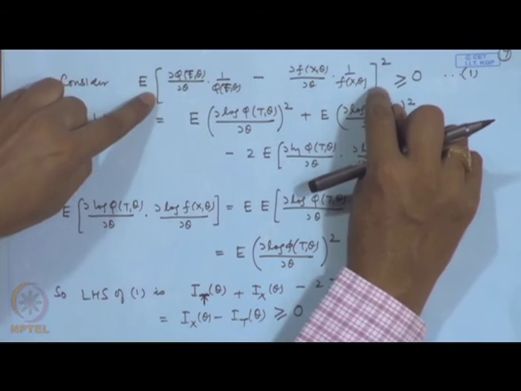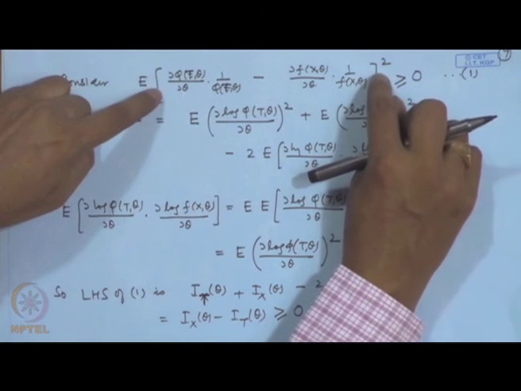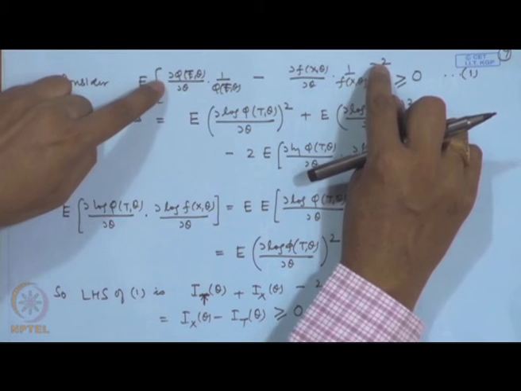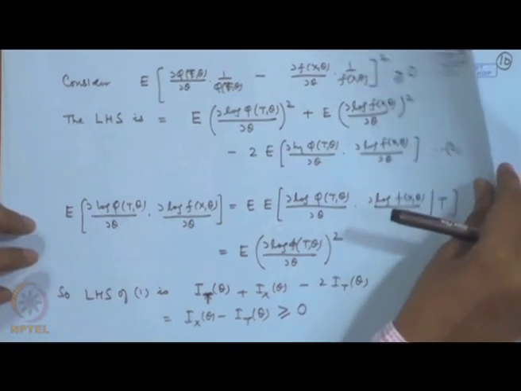Now, this is an expectation of a non-negative quantity. If we say that expectation is 0, then the quantity itself must be 0 with probability 1.